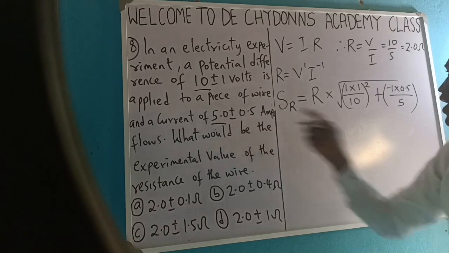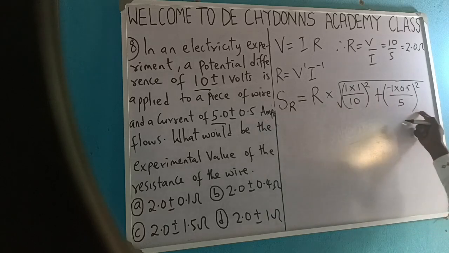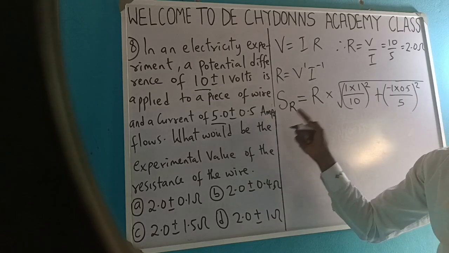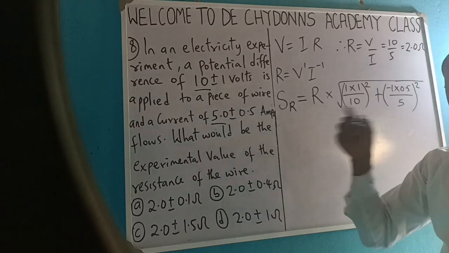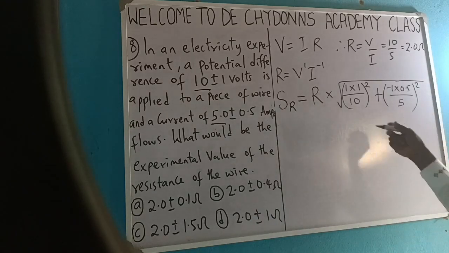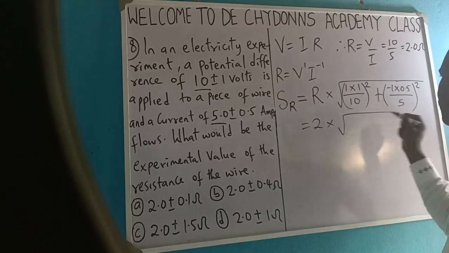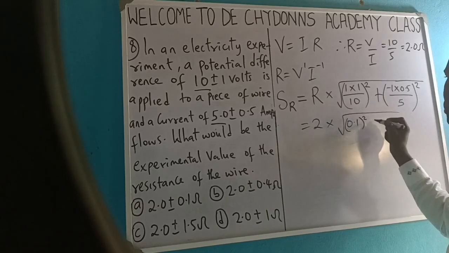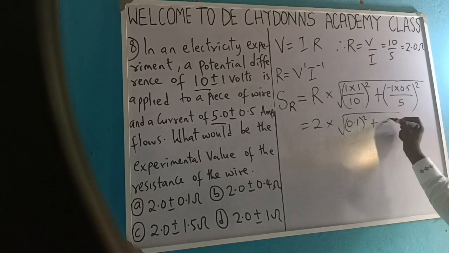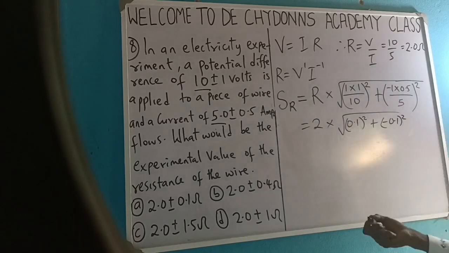Look at it, the 5. We'll square it. So when we compute this, we'll be getting the standard error of the effective resistance of the resistor. Now, this gave us 2 times square root of 0.1 squared plus minus 0.1 squared, because this 0.5 over 5 cancels to 0.1.